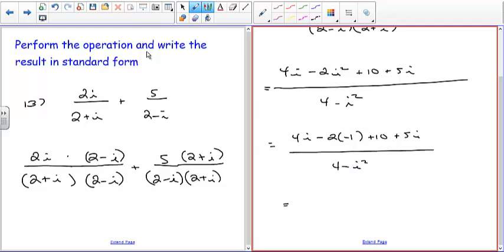Positive 2 plus 10 is 12. 4i plus 5i is 9i. And then the denominator, I have 4 minus i squared. i squared is negative 1. So you get 4 minus a minus 1, which is plus 1. So you get 5. So you get 12 plus 9i over 5.